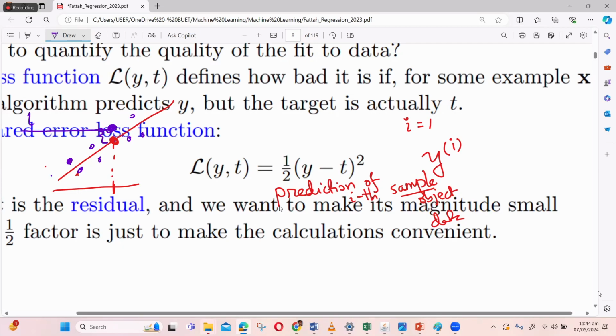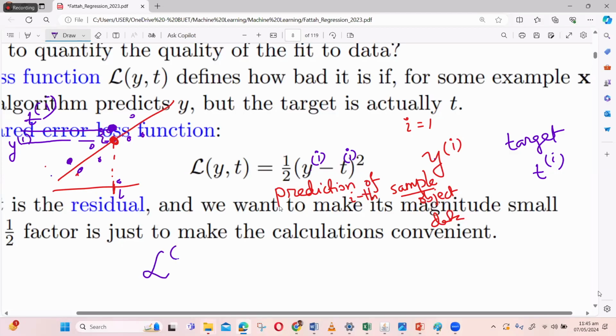The original data is t, and for the ith sample you are predicting yi, while the target value for the ith sample is ti. If you subtract them, you get an error. So that is the error at the ith sample.